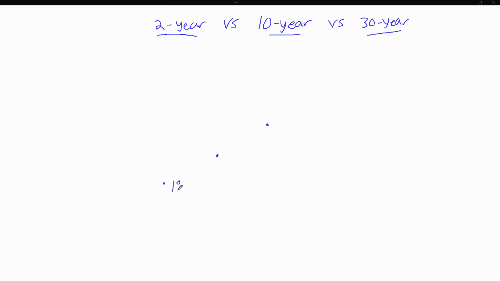Like a 2-year might pay you 1%, a 10-year might pay you 3%, and a 30-year might pay you 5%. That would be the yield curve, and in this case, kind of a steeper yield curve. Sometimes you get a flat yield curve.